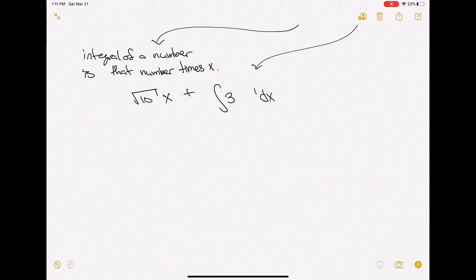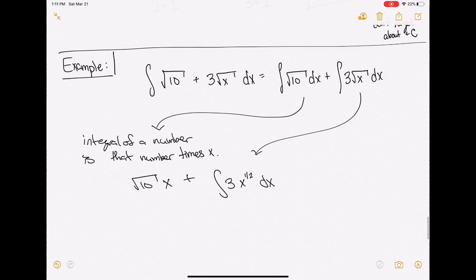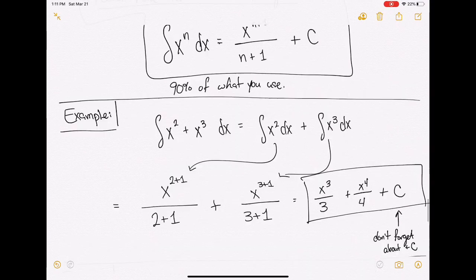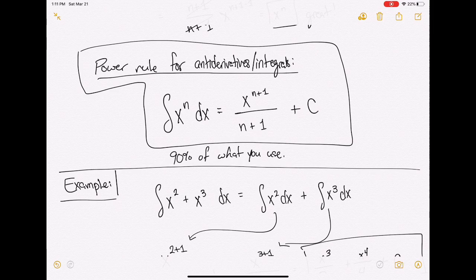So instead of the square root of x here, I'm going to write it as x to the 1/2 power, just like we did when we did power rule for derivatives. Square roots are 1/2, and then we can almost apply our lovely power rule here.